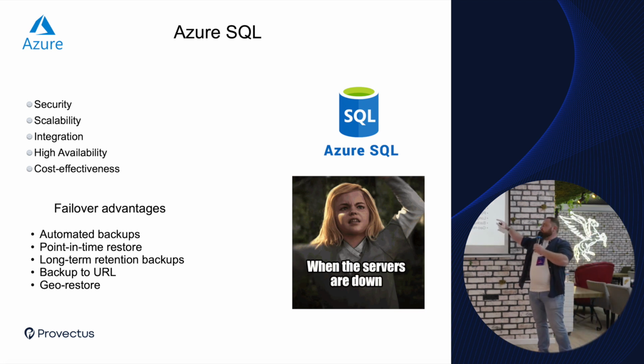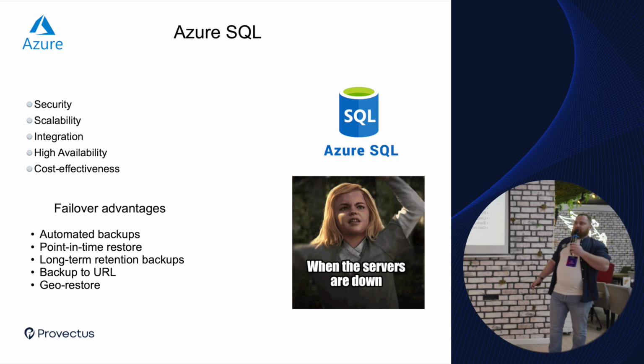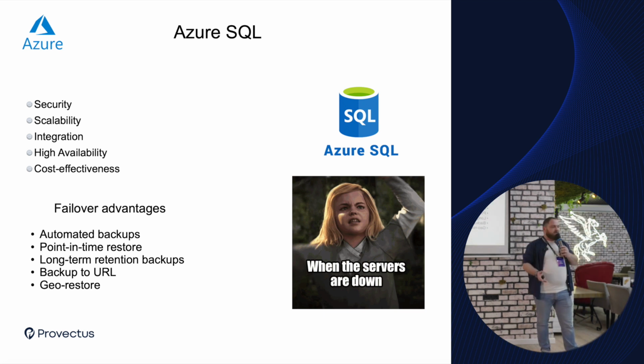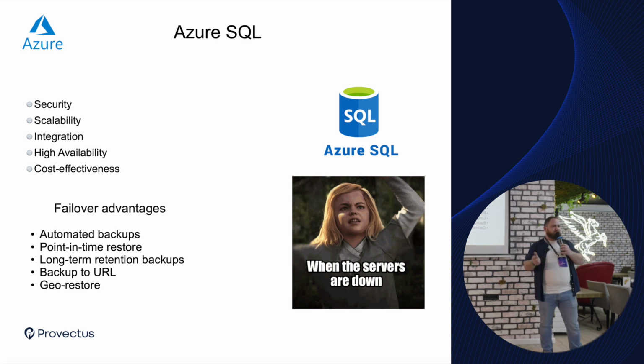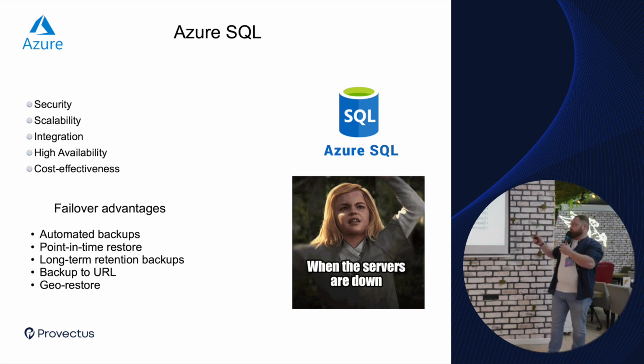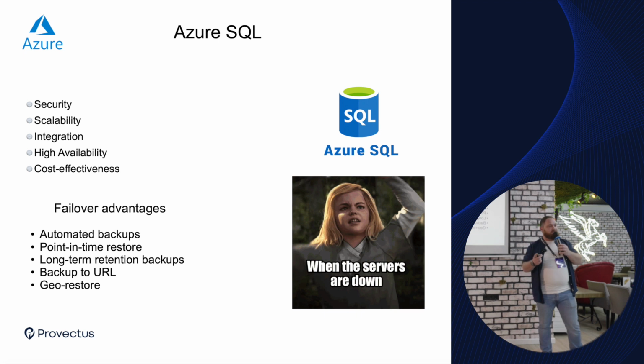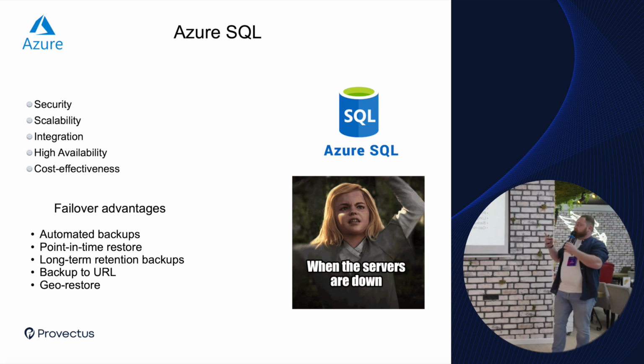The coolest part here is point-in-time restore. You may ask, all the SQL servers provided by all other cloud computing services have this point-in-time restore, but the coolest part here is in Azure, you can restore your database in the same server and in a new server.